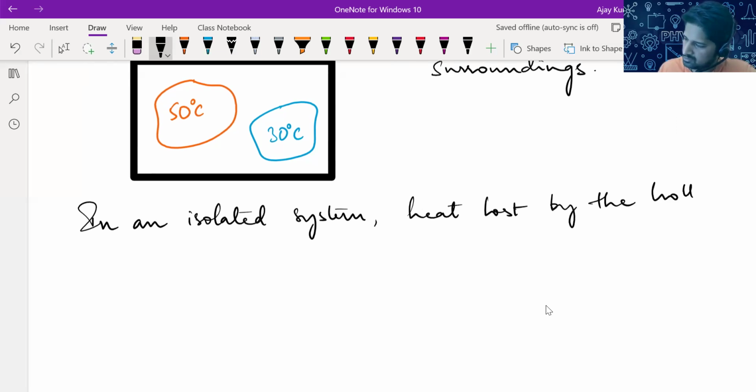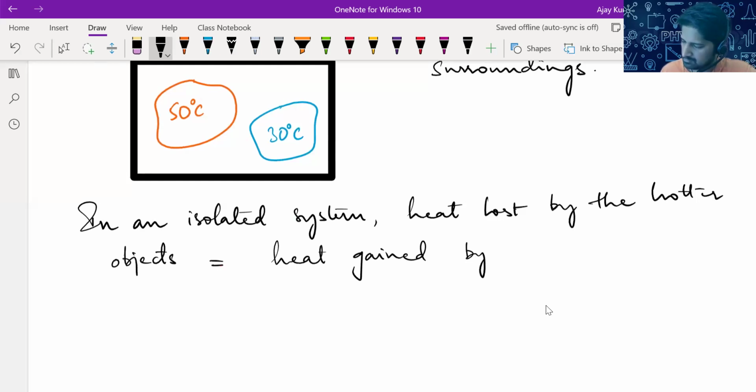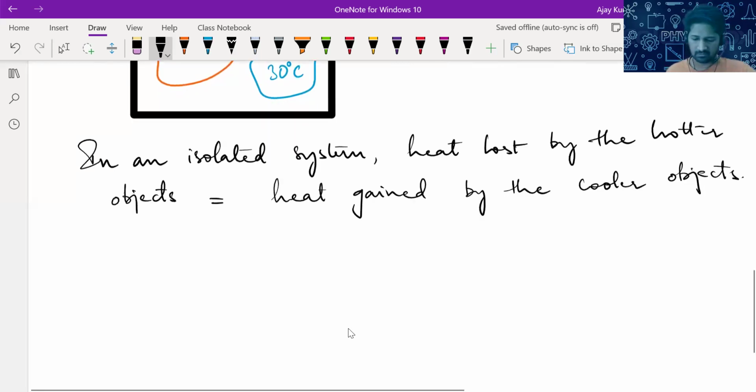Heat lost by the hotter objects is equal to heat gained by the cooler objects. Okay. And remember, this heat exchange will happen till they attain thermal equilibrium.